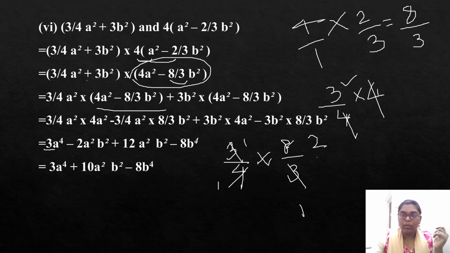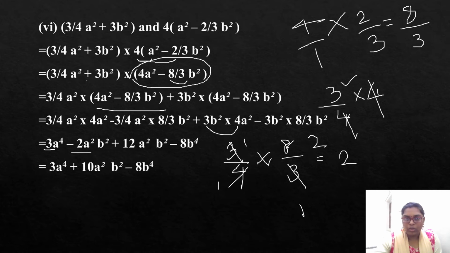So if you multiply, what you will get? Only 2. Okay. So here I have written 2 a square b square plus. Next what term is remaining? 3 into 4, 12 a square b square.